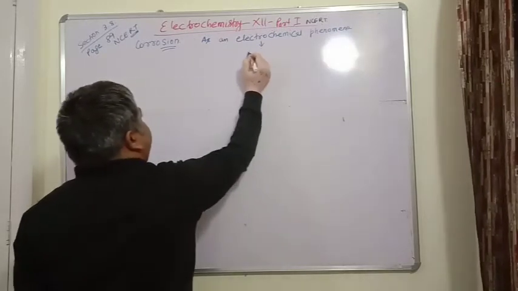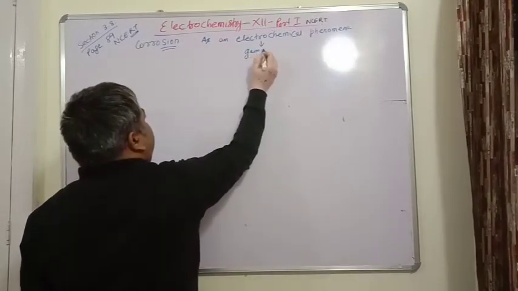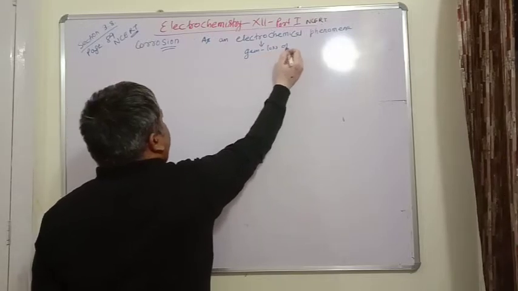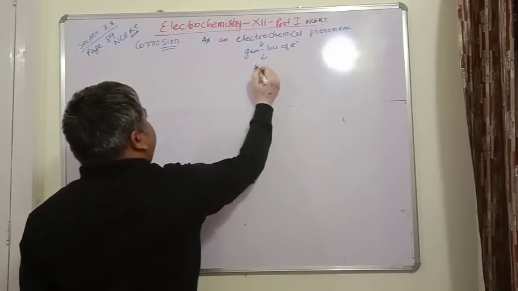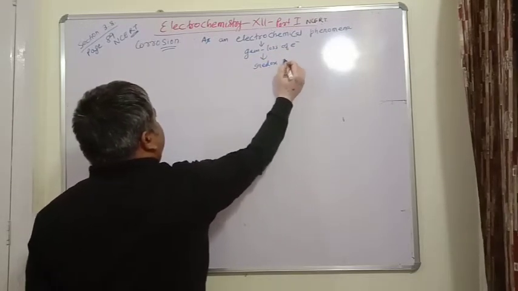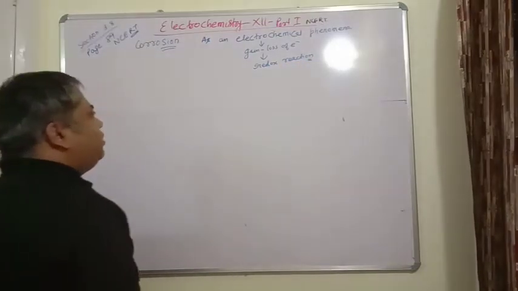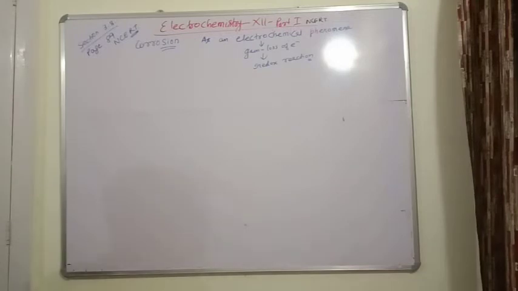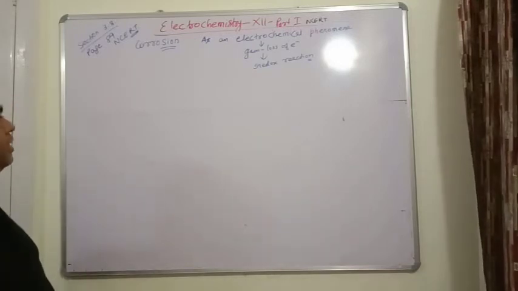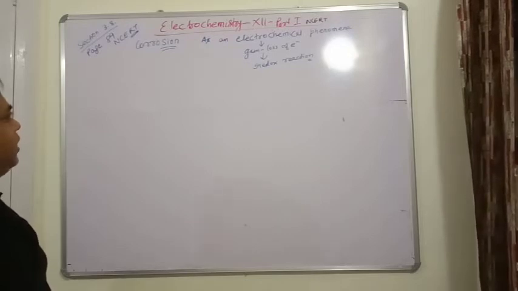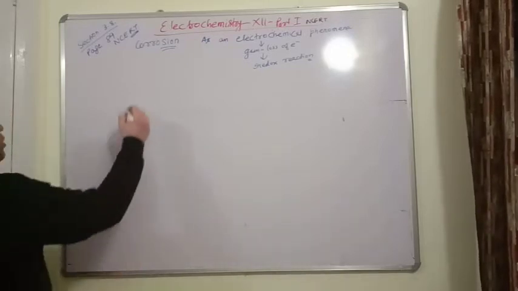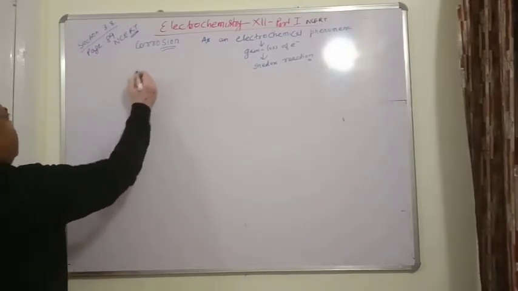That means some kind of gain and loss of electrons takes place, that means some kind of redox reaction takes place. Now corrosion does not necessarily take place in iron only, but the example taken here is of iron forming iron oxide, whereas there is a difference between rusting and corrosion.